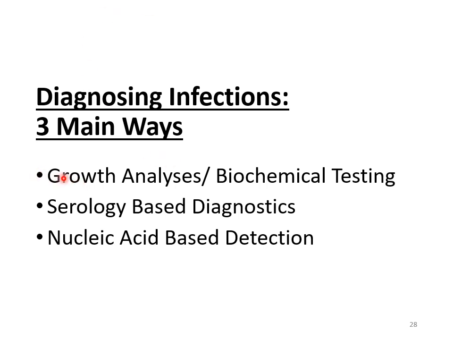You'll notice this first one is actually what we do in microbiology class lab, when you work with things like selective or differential media. Basically, it looks at how different organisms grow on different types of media to help narrow down or identify which infection is present.